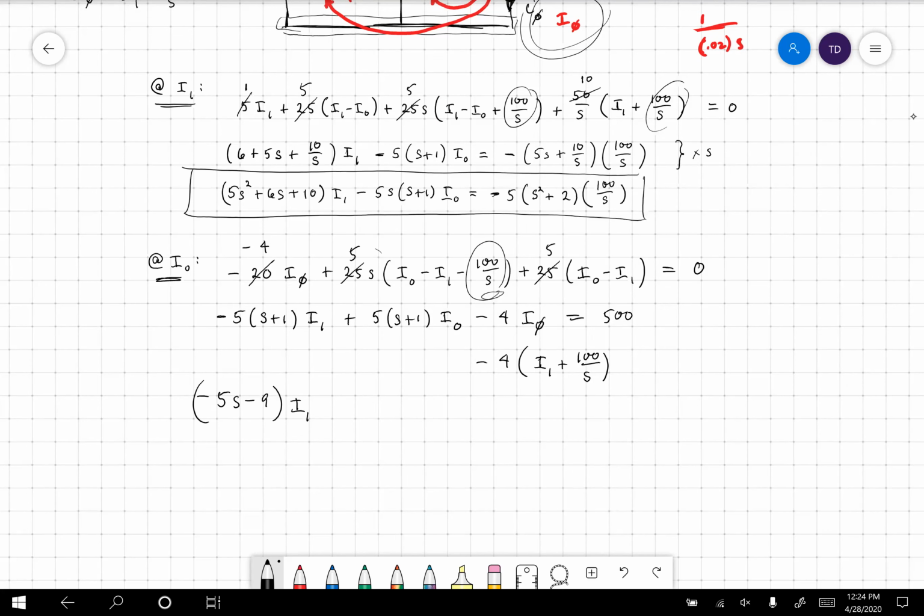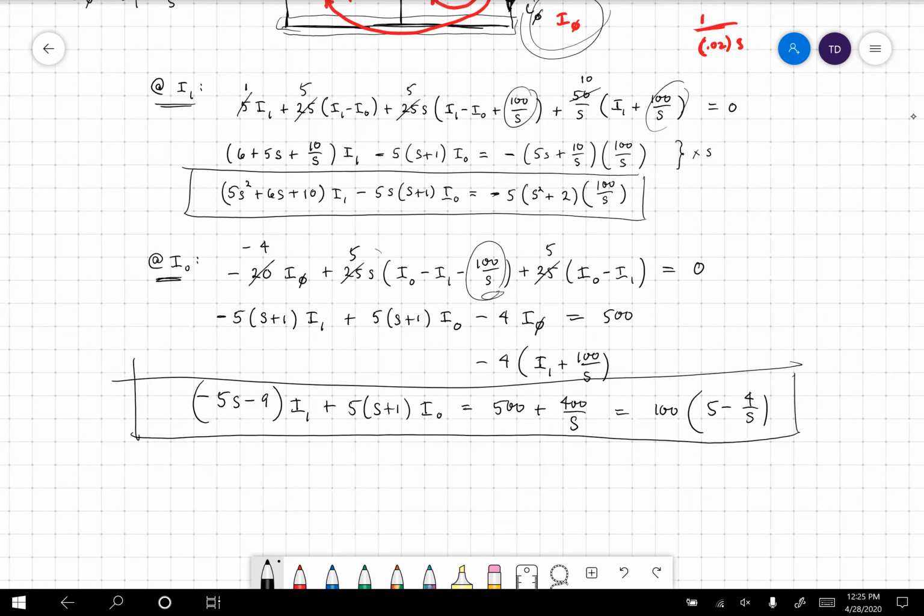I1 plus 5 times S plus 1 times I0 equals 500, and then I have to bring this other term over, and that's going to be plus 400 over S, or 100 times 5 minus 4 over S. Okay, that's our second equation.